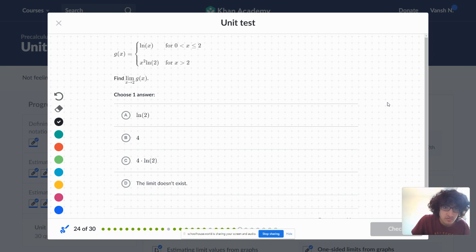Find the limit as x goes to 2. Okay, so let's find the left-hand side first, which is this one. ln2. Now from the right-hand side, it'll be 4 ln2.